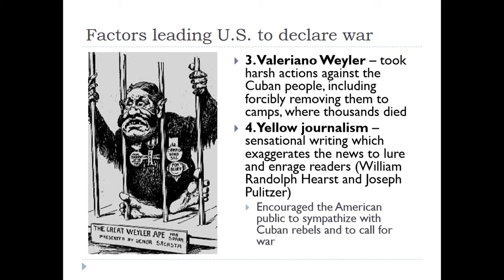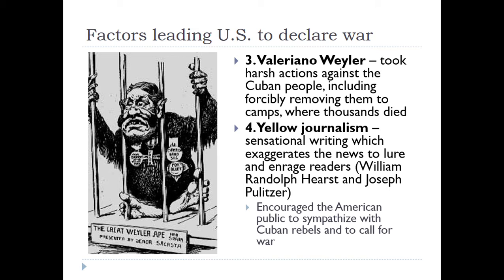You probably think about when you walk out of the grocery store, those crazy headlines you see in the National Enquirer or something like that, where you know those stories aren't true, but they're just trying to get your attention to get you to buy that magazine. That was very common at the time. It was called yellow journalism. And they would really exaggerate the brutality of what was going on and exaggerate all the horrible things that Spain was doing to Cuba.